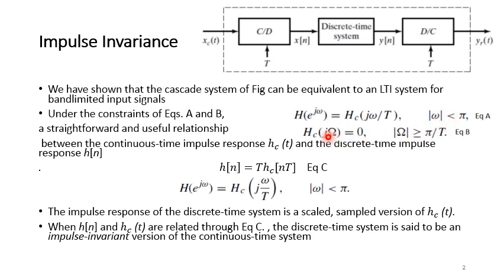Similarly, the second constraint was that the response is 0 for absolute omega equal to or greater than pi by T.